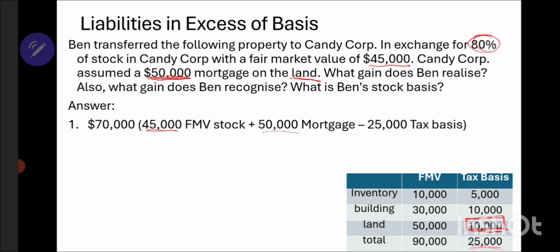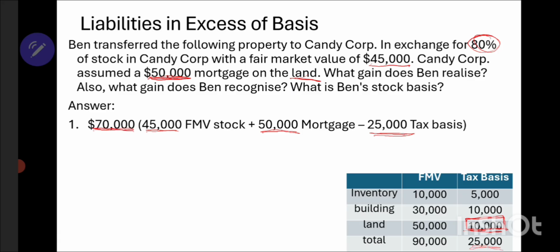However, we also have this mortgage that the corporation is taking on. Now, we as the shareholder recognize that this mortgage is added because the corporation is taking that on for us. We no longer have to pay it. So we're going to take this fair market value of the stock plus this mortgage that we no longer have to pay minus our tax basis. And that's the amount of gain that we realize.